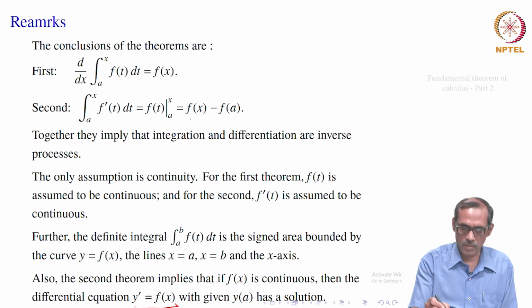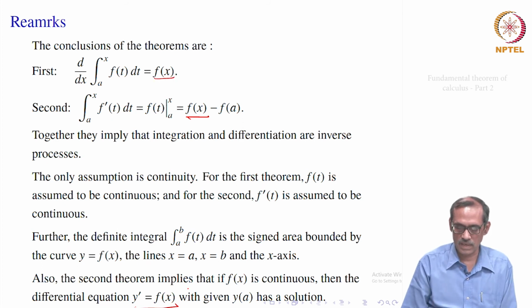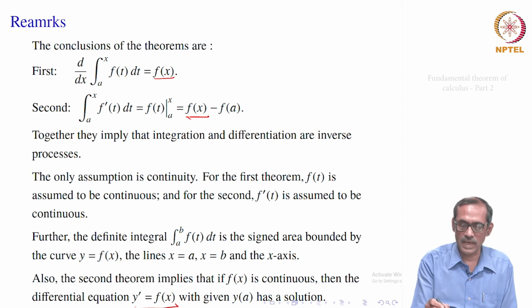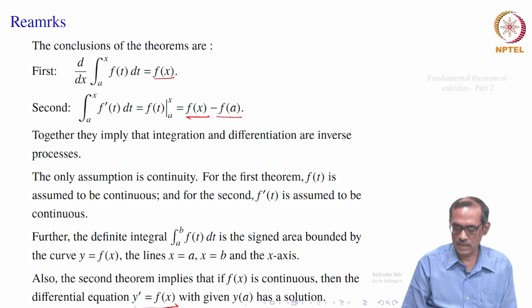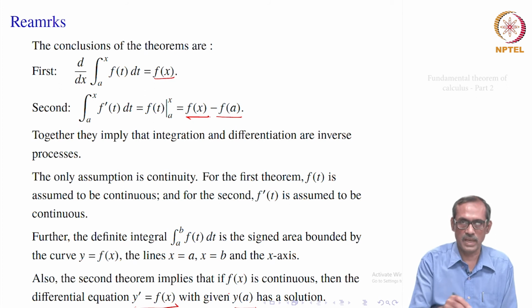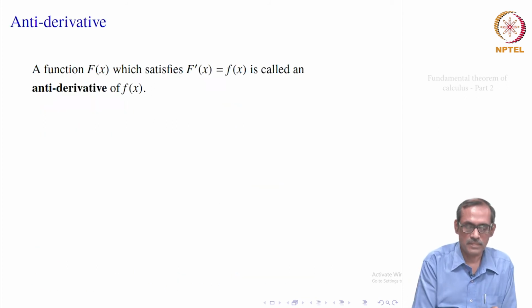So, the function should be the integral. Once the integral is there, you would come back to f(x) minus f(a), where this f(a) is given, that is, given y(a). Therefore, you can always solve this differential equation to get at least one solution. We will see how it is applied later.